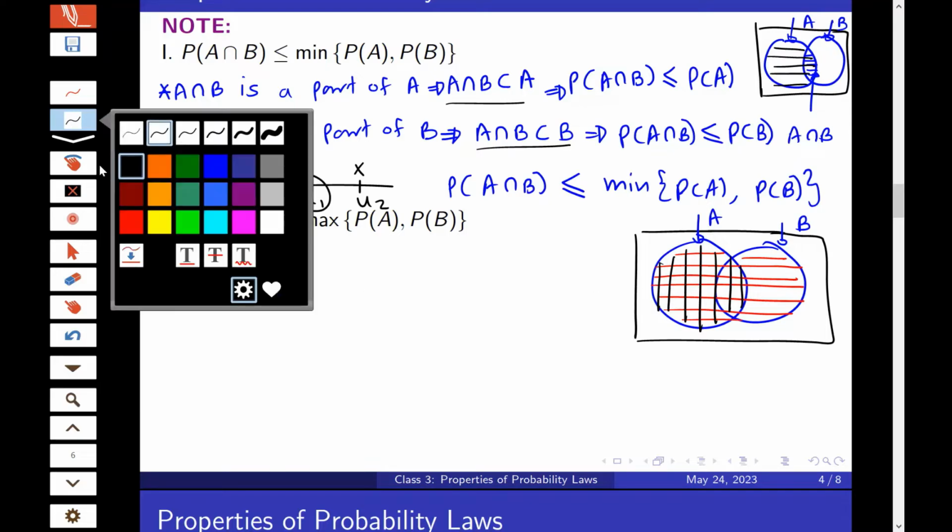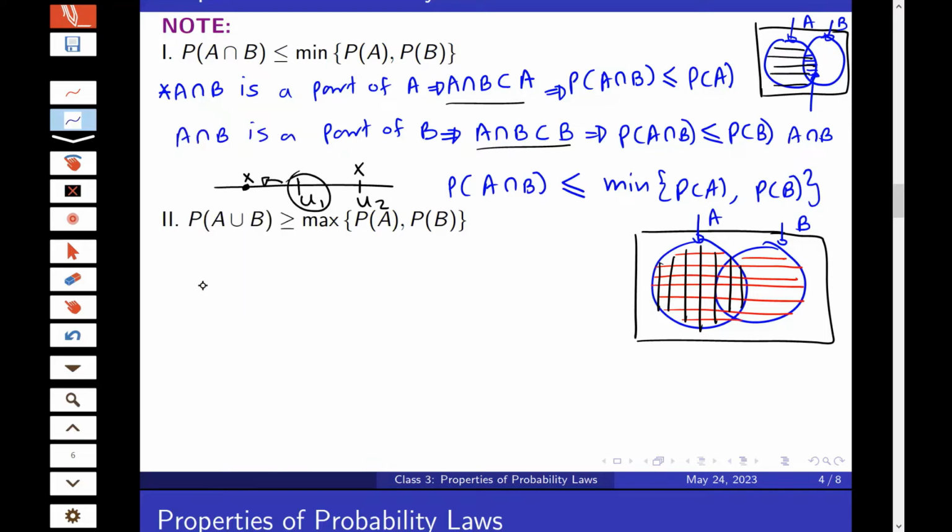Now see these points. First point: A is a part of A union B. A union B means this entire region.